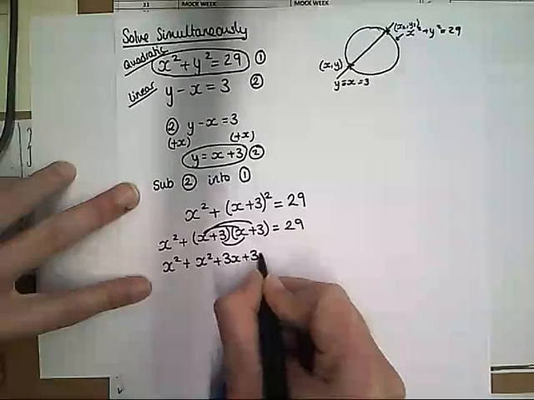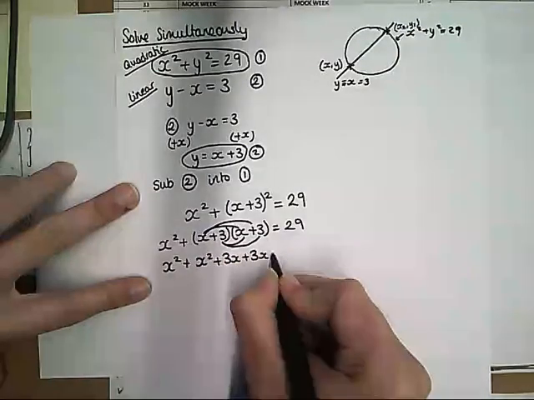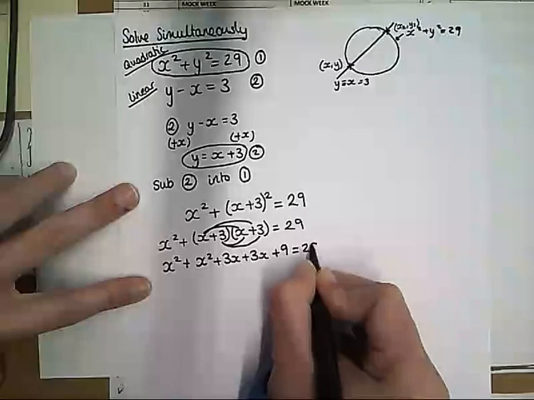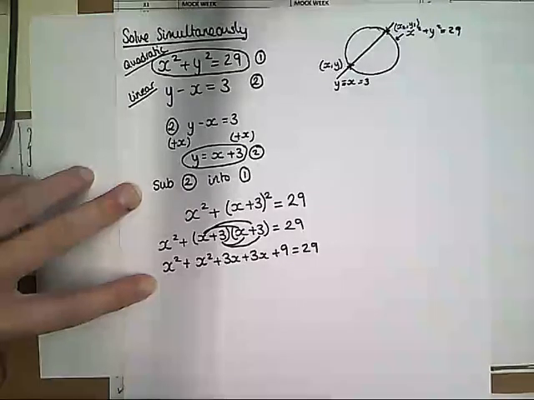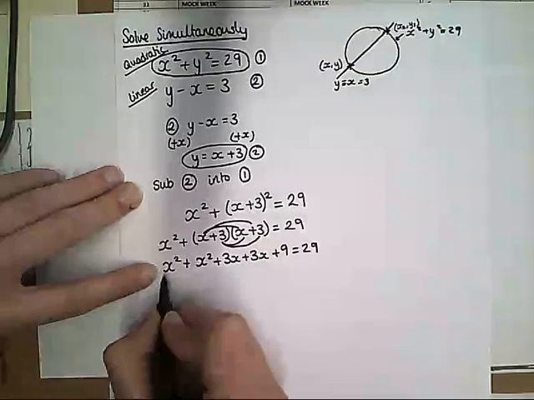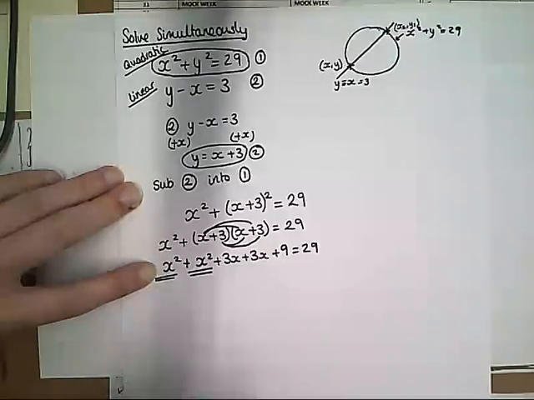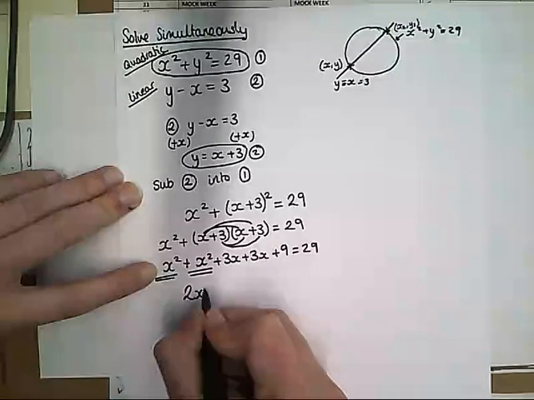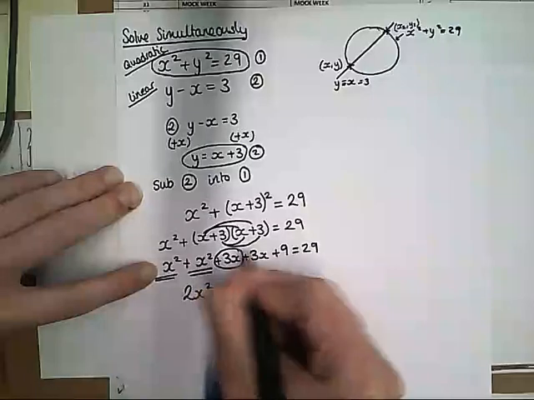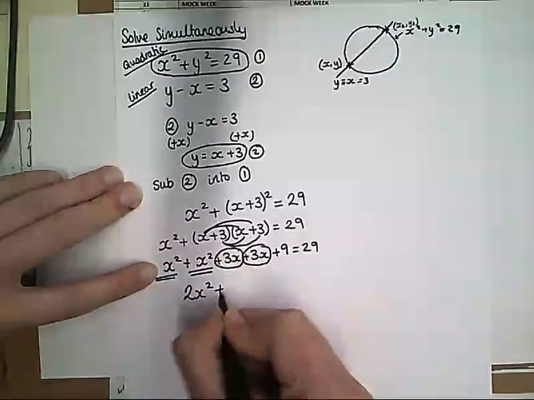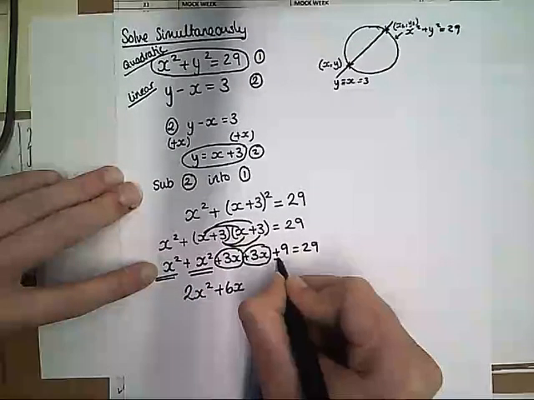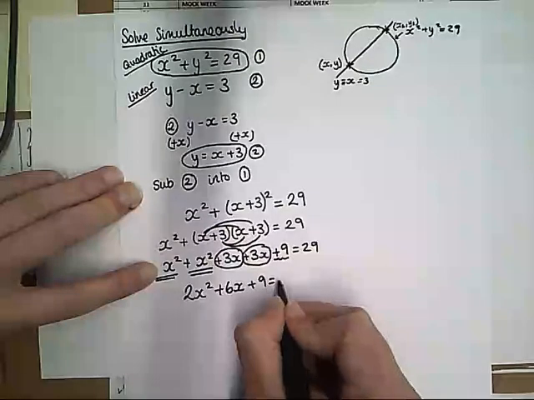If you do it in your head, that's also fine as long as you get it correct. Then we need to tidy. We've got x squared plus x squared, which is 2x squared. We've got 3x plus 3x, which gives us 6x. We've got 9, and then on the end we have 29.